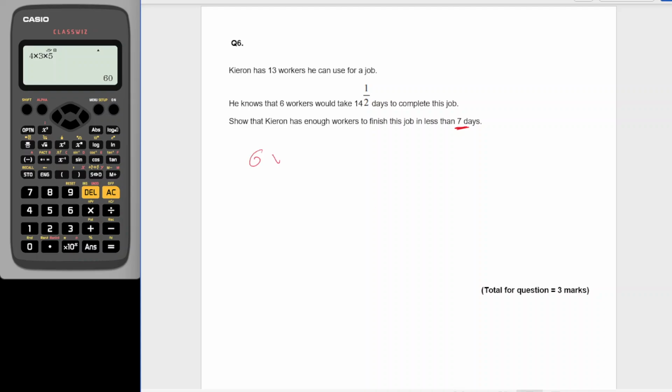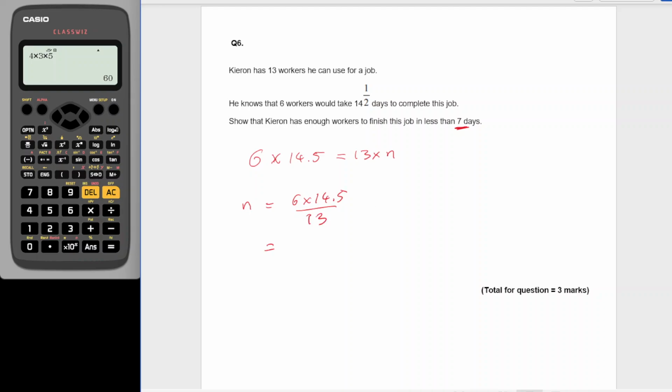In effect, what we have is 6 times 14.5 needs to be equal to 13 times the new number of days. So the product of workers and days will be constant. So the number of days it would take them to complete the job would be 6 times 14.5 divided by 13.